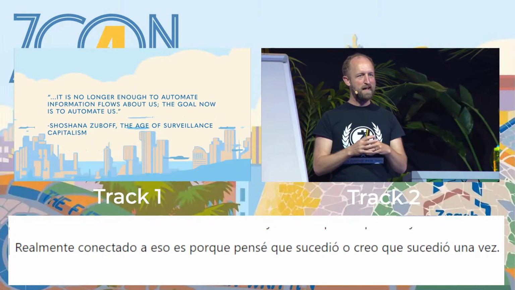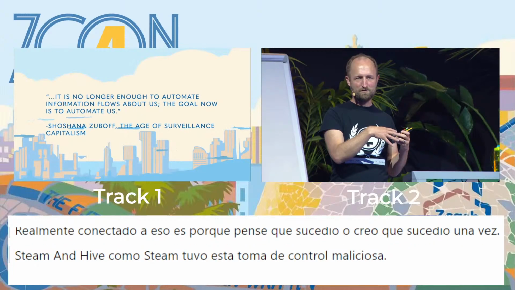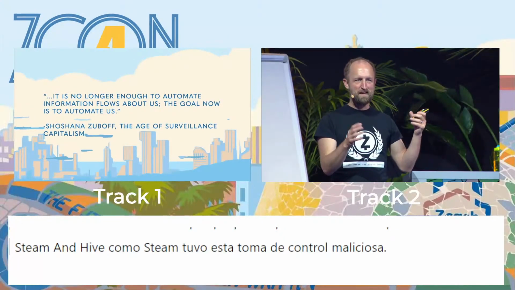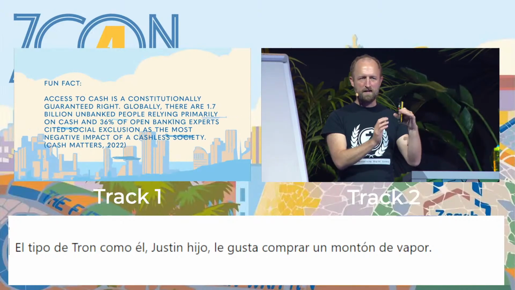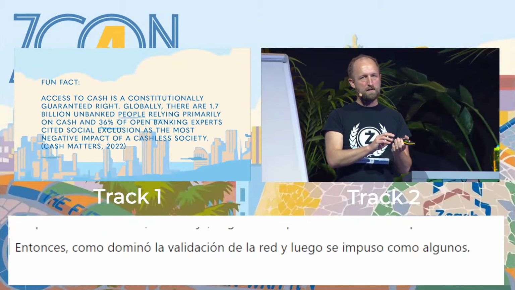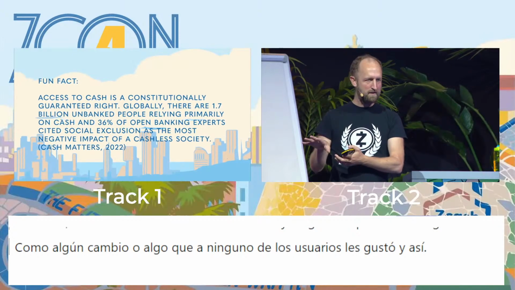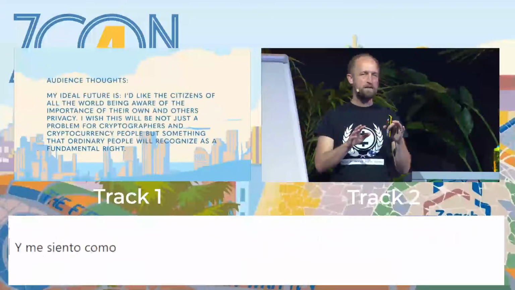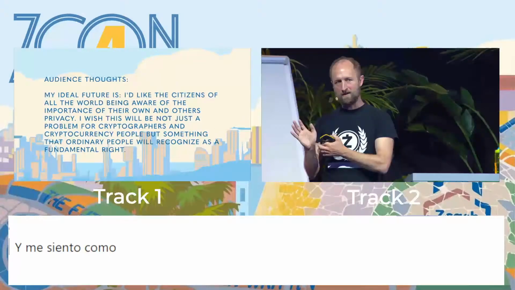Steam had this malicious takeover from the Tron guy, Justin Sun. He bought a bunch of Steam, dominated the validation of the network, and imposed some change that none of the users liked. So they forked the state of the network and cut out his balance to make Hive. I feel like preserving the ability of the community to coordinate things out of band is really valuable.